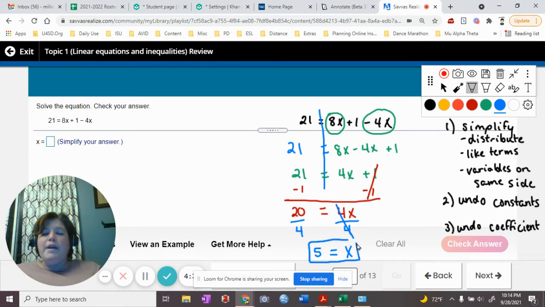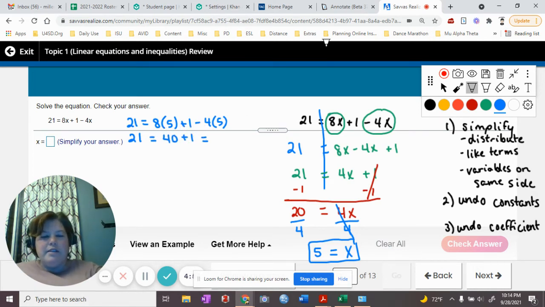Remember, you can always double check your work by substituting into the equation. So 21 equals 8 times 5 plus 1 minus 4 times 5. And so then we have 21 equals 40 plus 1.